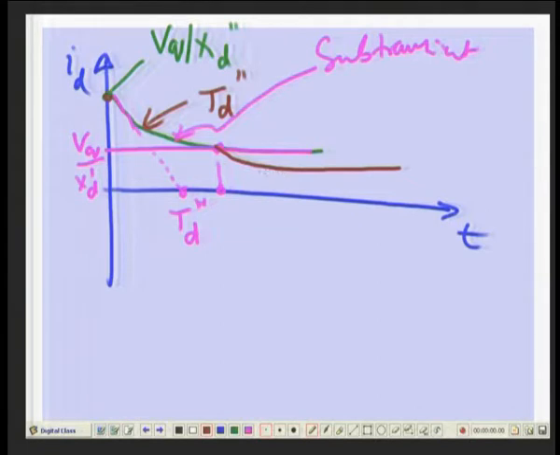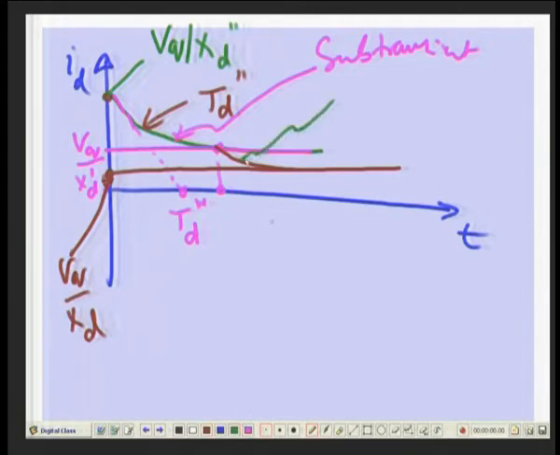Finally, what will it die down to? This is Vq by Xd. And this is branded as transient. And of course, this is steady state.